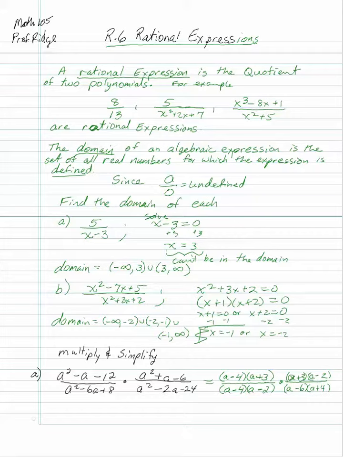And you can think of this as one big fraction. Same thing. So let's see, I have a minus 4, a minus 2. So that's it. So what's left is the a plus 3 squared on top, and then the a minus 6 times the a plus 4 on bottom. So that's simplified.